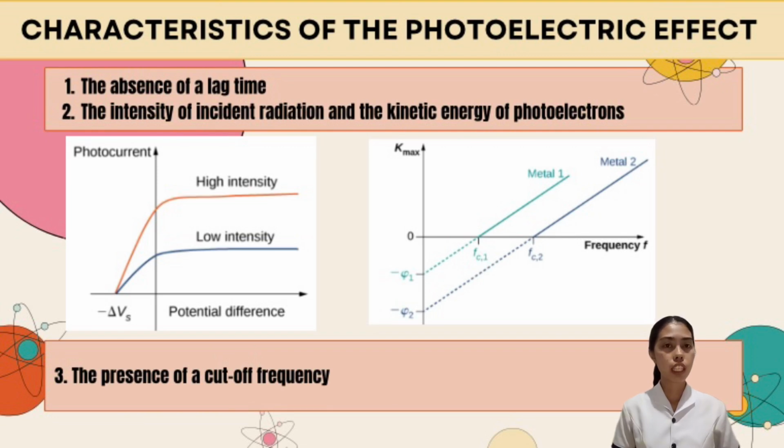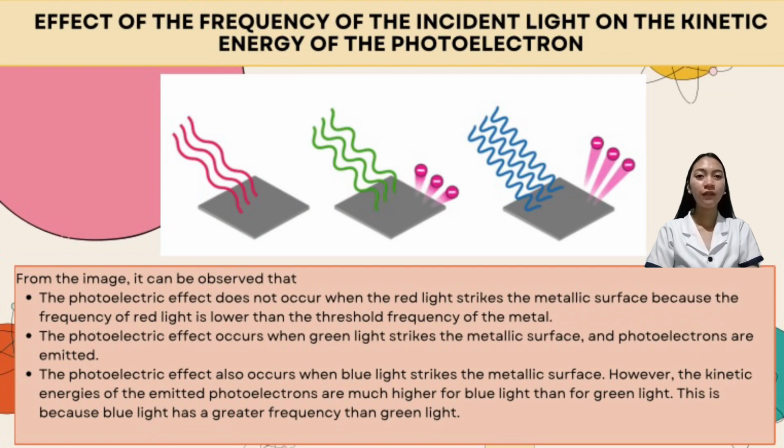The photoelectric effect can only occur above the cutoff frequency, or fC. Measurements for all metal surfaces give linear plots with one slope, and each metal surface has its own cutoff frequency. So these are the effects of the frequency of the incident light on the kinetic energy of the photoelectron.